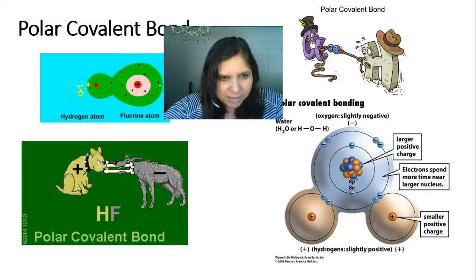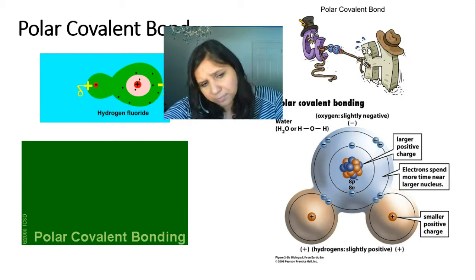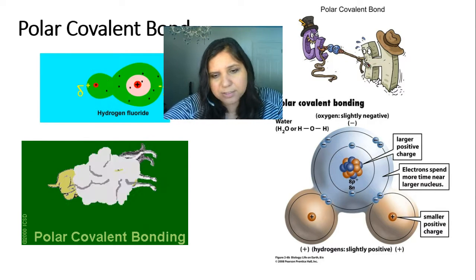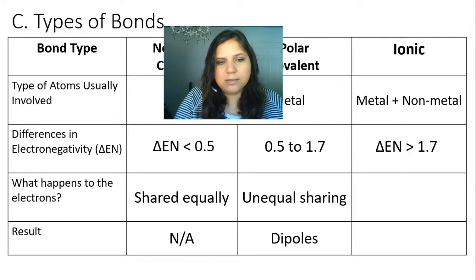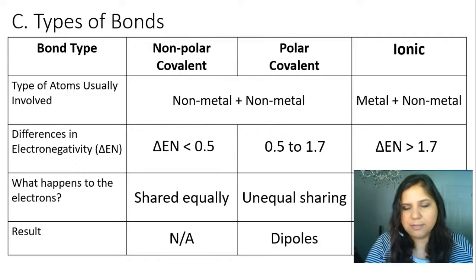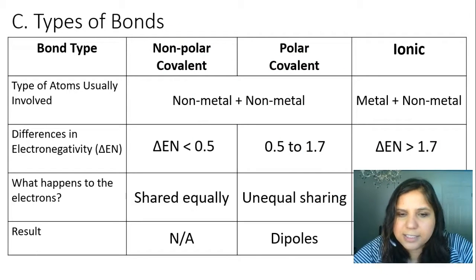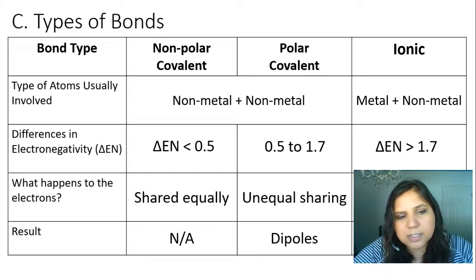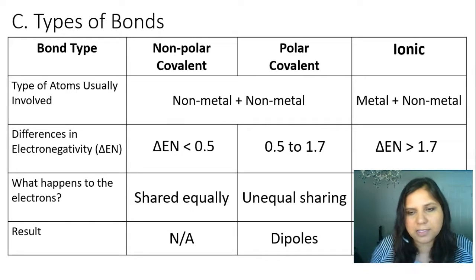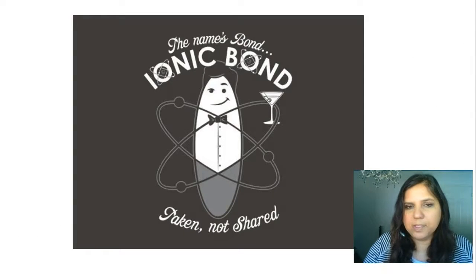They're still sharing, but one atom is holding on to those electrons more than the other. Okay, so we added this to the chart. That it is sharing but unequal, and that the result is two dipoles, a positive end and a negative end.